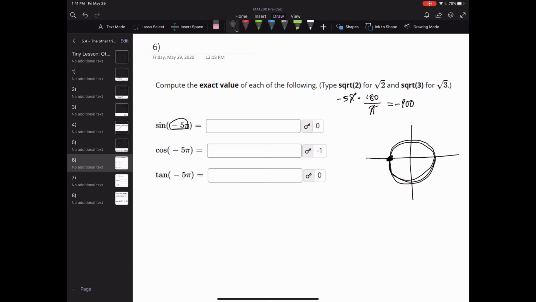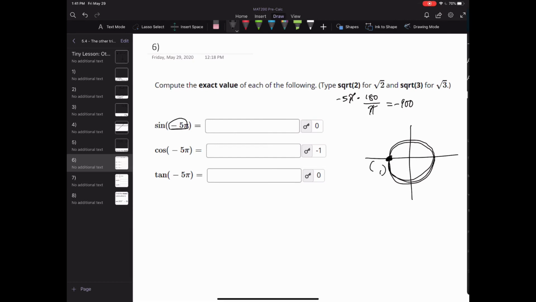So here's what I like to do. Think about the unit circle, right? So think about the radius of the circle as being 1. What point is this? That's a point negative 1, 0. Remember, this is your cosine of theta. This is your sine of theta.